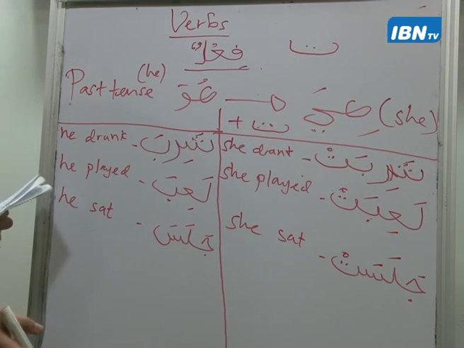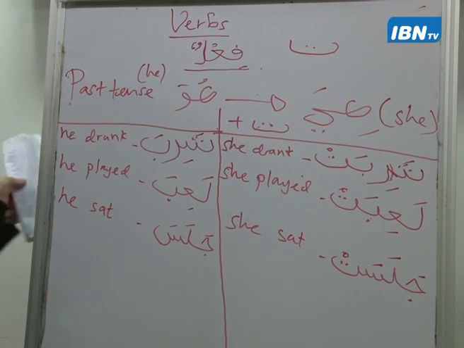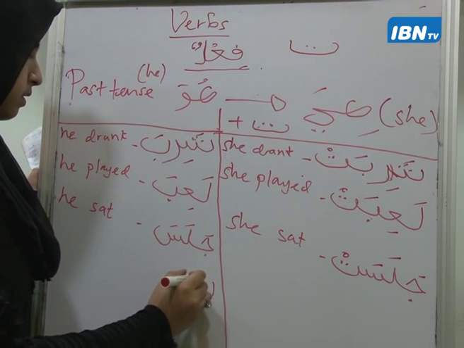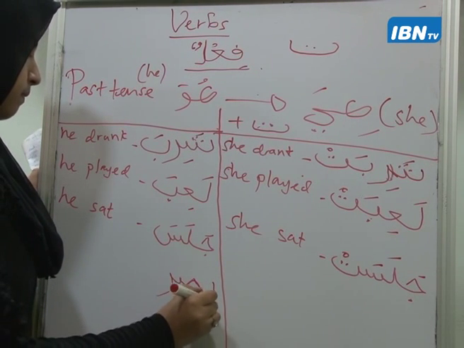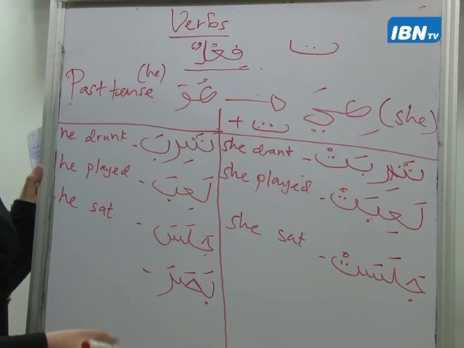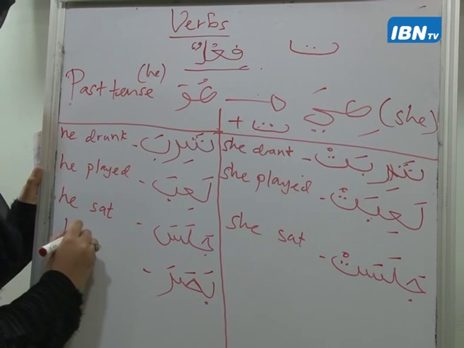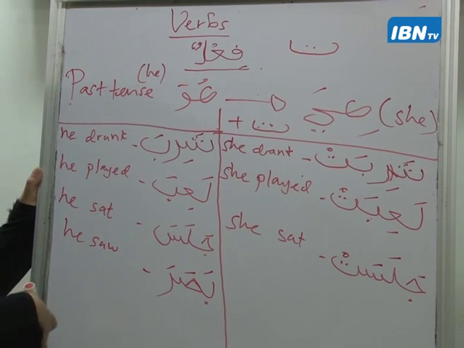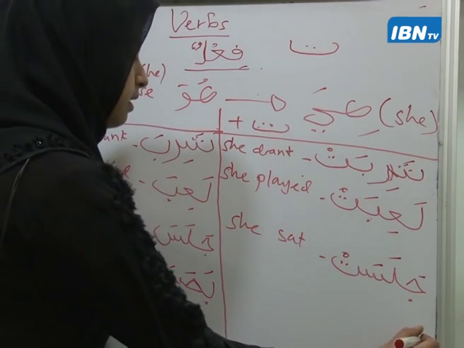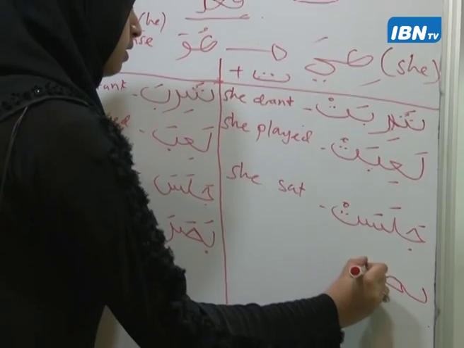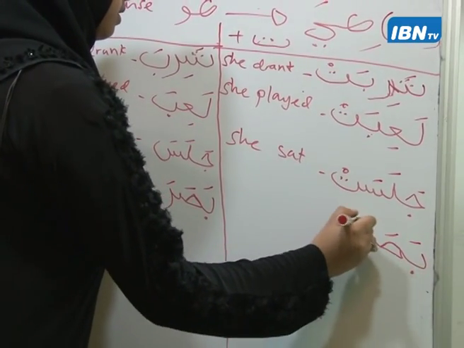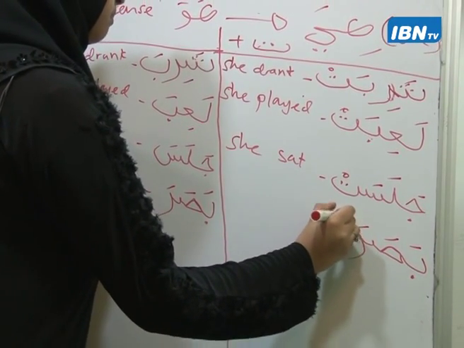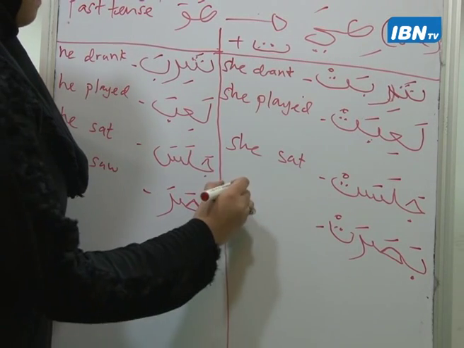Then we have basara. Basara means he saw. How am I going to change it here? It's going to become basarat, meaning she saw.